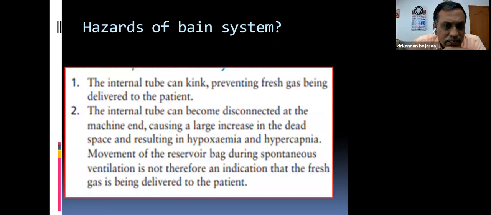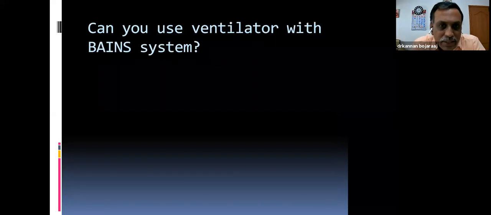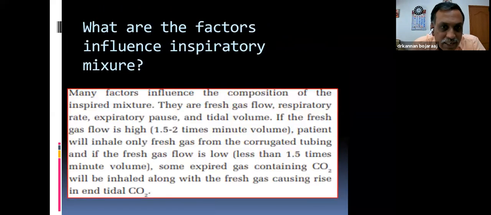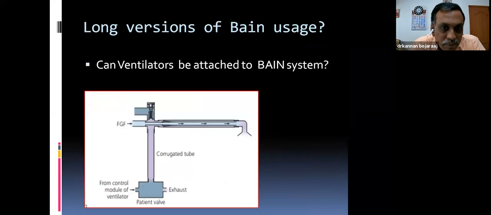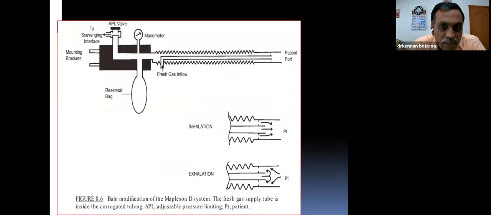Okay. What you said is very correct. Exactly, very good. It is internal tube kink. It will prevent fresh gas being delivered to the patient. Suppose the internal tube is kinked, what happens? See this picture earlier, what I told. Suppose the tube is kinked somewhere here. What happens? The patient is taking breath from whatever gases are present in the exhaled breathing hose.